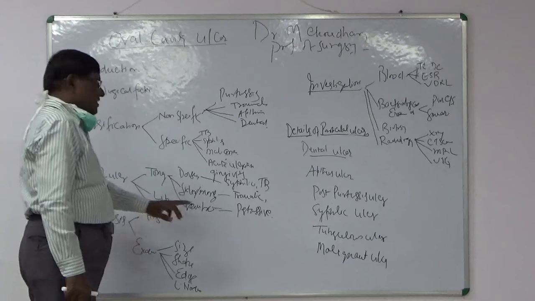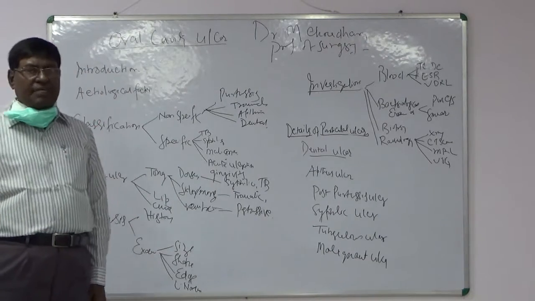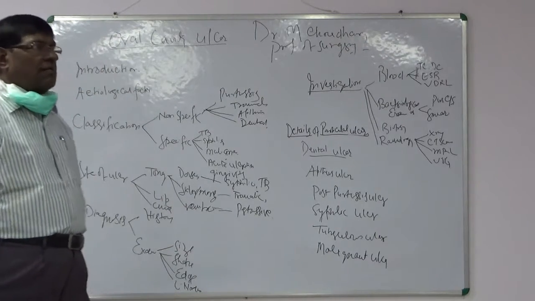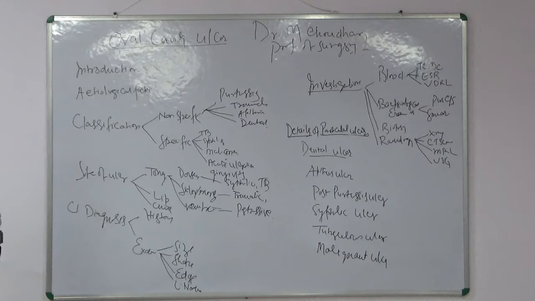Leukoplakia is the pre-cancerous condition, and it makes carcinomatous ulcer under the surface of the lip and gum, and it also affects the cheek and the mucosa of the cheek.